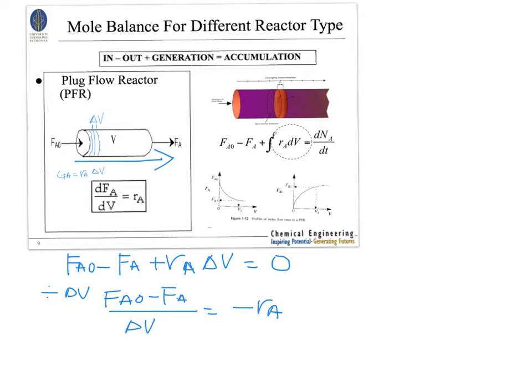Taking the limit as delta V approaches 0, the differential form of the steady state mole balance on a PFR will be RA equals dFA over dV.